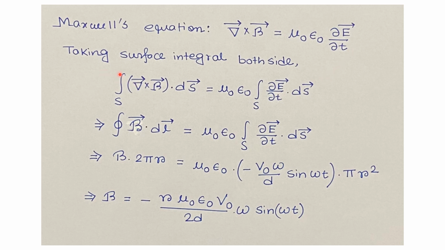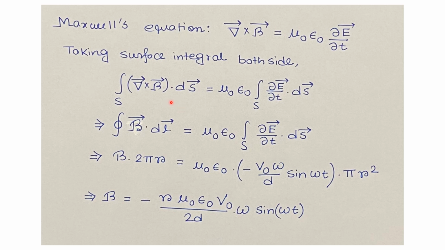Now we will take the surface integral on both sides of this equation. So it is given by the surface integral of the curl of B vector equals mu naught epsilon naught times the surface integral of del E by del t. Here the surface is the surface area of the small loop of radius r that has been shown in the schematic in the first slide.